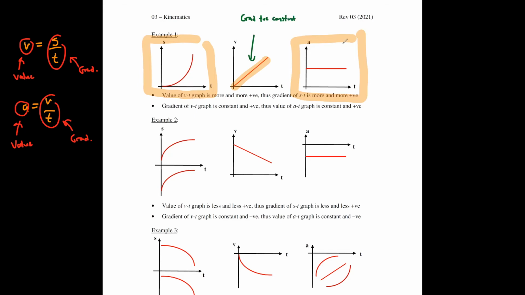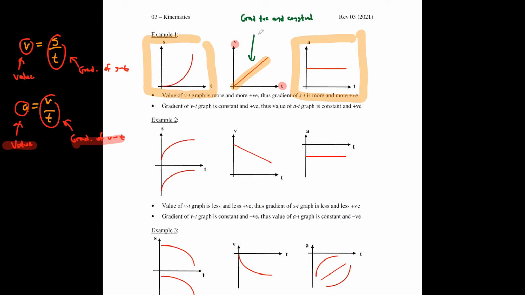Let me just write it up properly: the gradient of VT, gradient of ST. The gradient of your VT graph, this one is your VT graph, gives you the value of your acceleration.